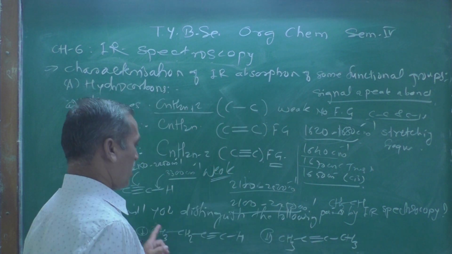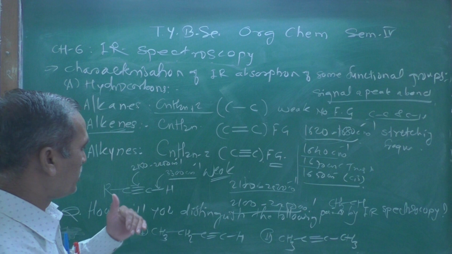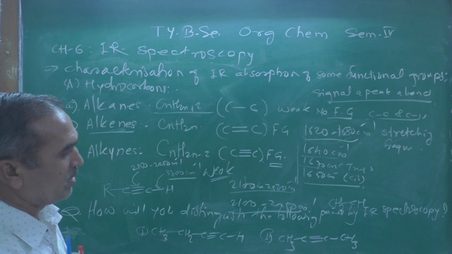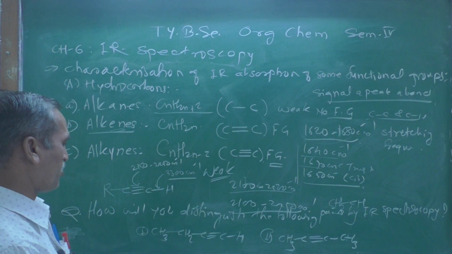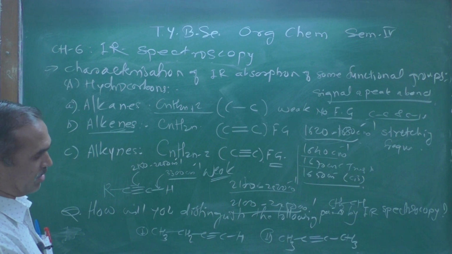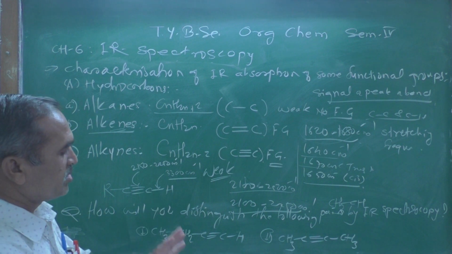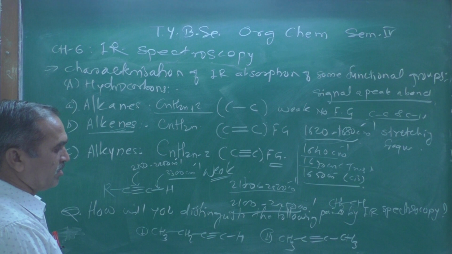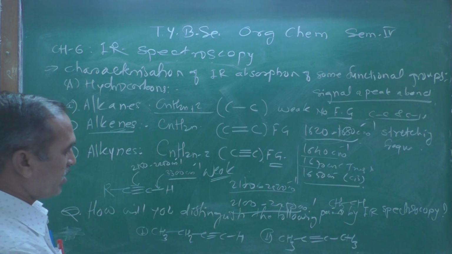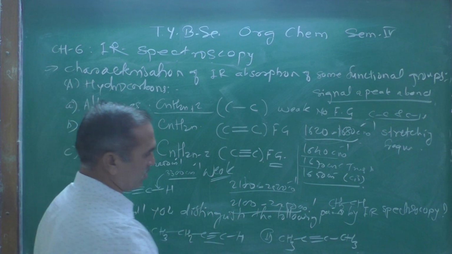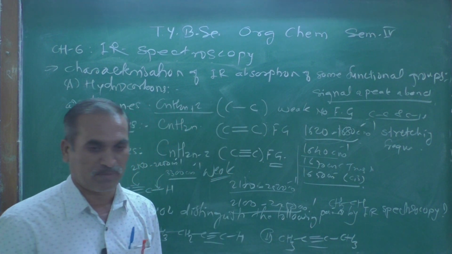Now, how will you distinguish the following pair by IR spectroscopy? If you see carefully, which functional group is present in this compound, you can clearly see a triple bond here, and here also there is a triple bond.